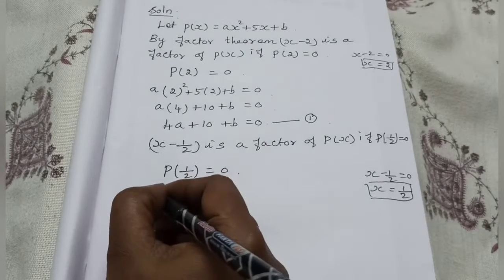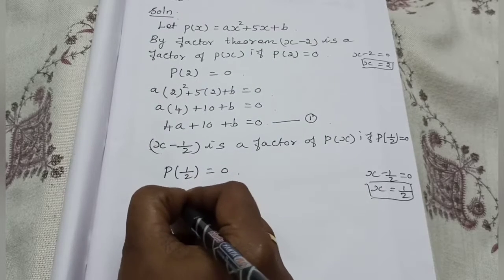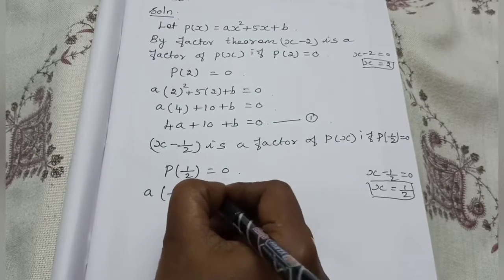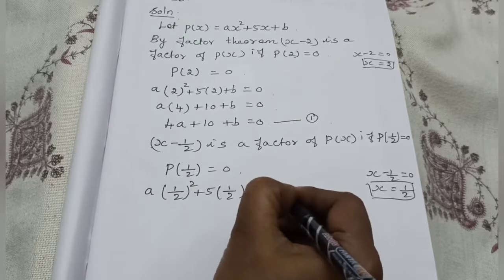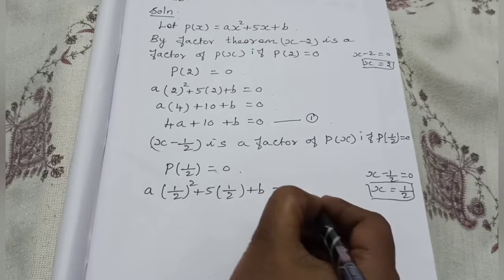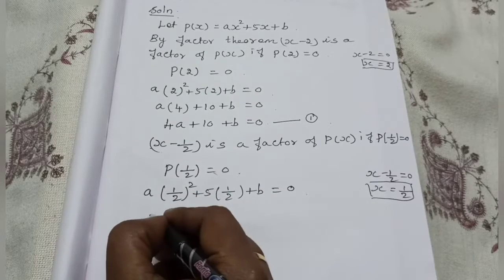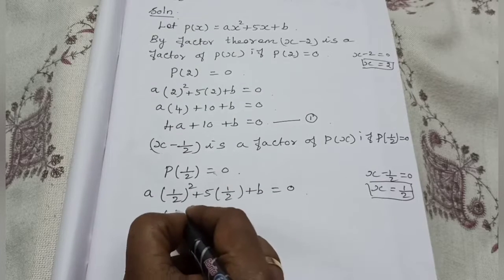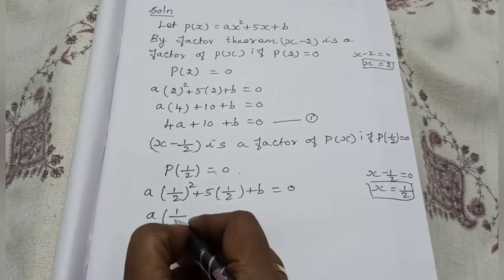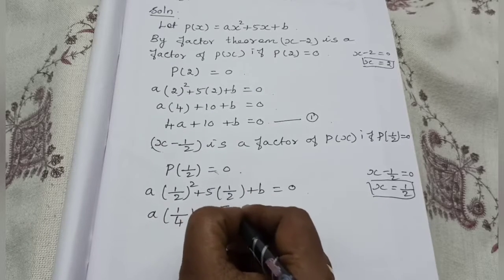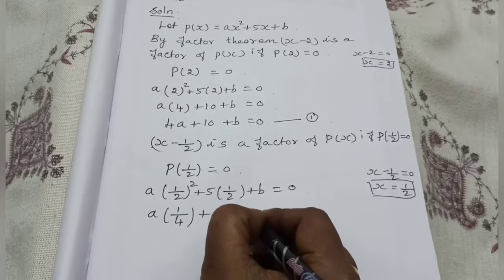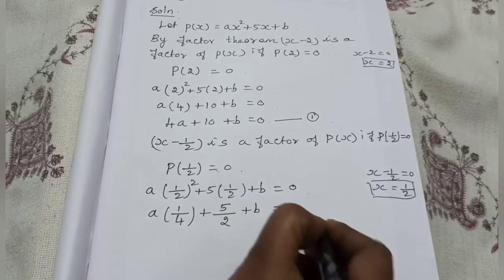Then a into 1 by 2 the whole square plus 5 into 1 by 2 plus b equal to 0. Then a into 1 square is 1, and 2 square is 4, then plus 5 into 1 is 5 divided by 2, plus b equal to 0.